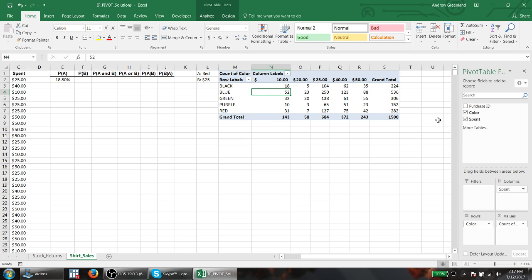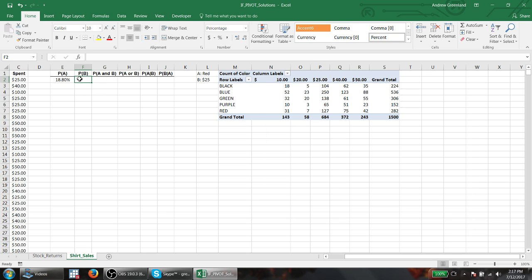So for example, we know that there were 282 red shirts purchased, but we can now say how many of those red shirts cost $10, how many of those red shirts cost $25, how many cost $42. We can also say, for event B, how many times was a $25 shirt purchased? Well, it was 684. So if we want to calculate event B, we can say this is P8 divided by S8. 45% of the time, customers are only spending $25.